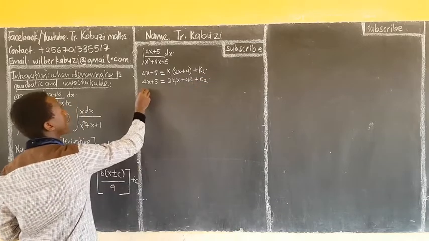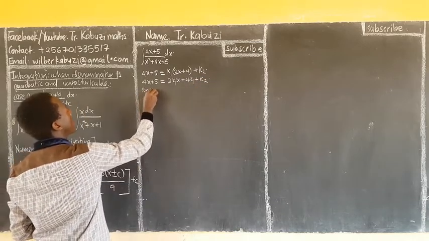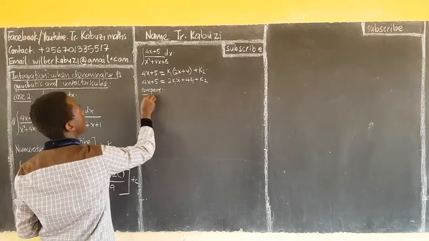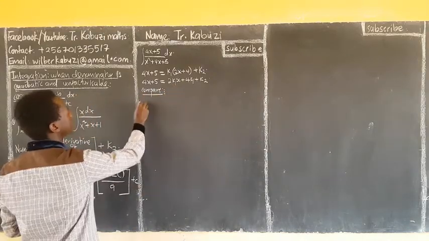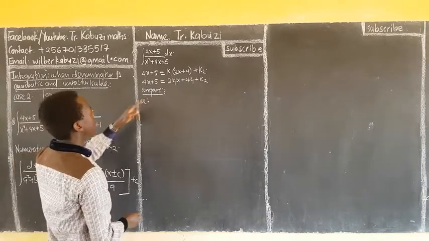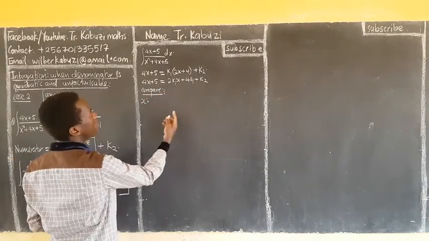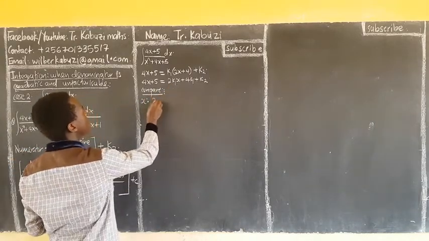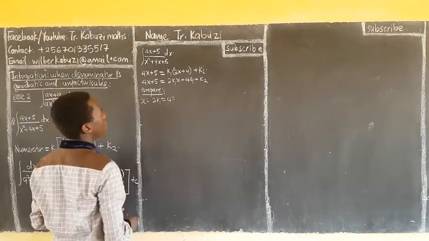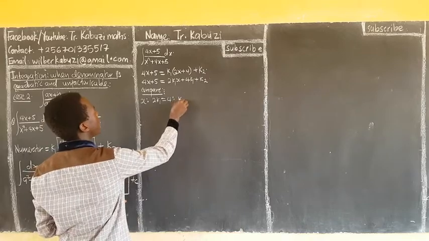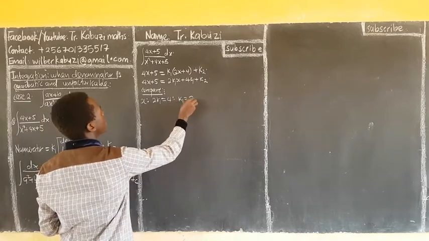So here we compare. For x, this side I have the coefficient of x, 2k1, equaling this side, 4. From there, you can see that k1 is equal to 2.